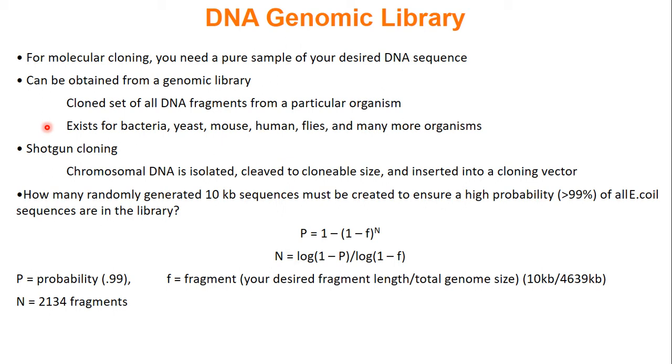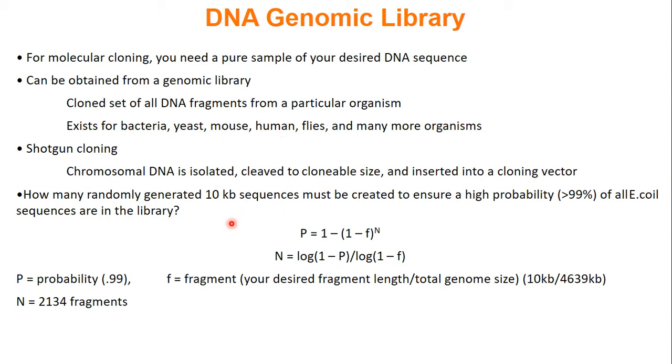The way to make a genomic library is by what is called shotgun cloning. Basically, you take the chromosomal DNA of the organism you're interested in, and you cleave it to clonable sizes. Remember, in the vector, we're looking for sizes less than 10K. And then you put that into a cloning vector.